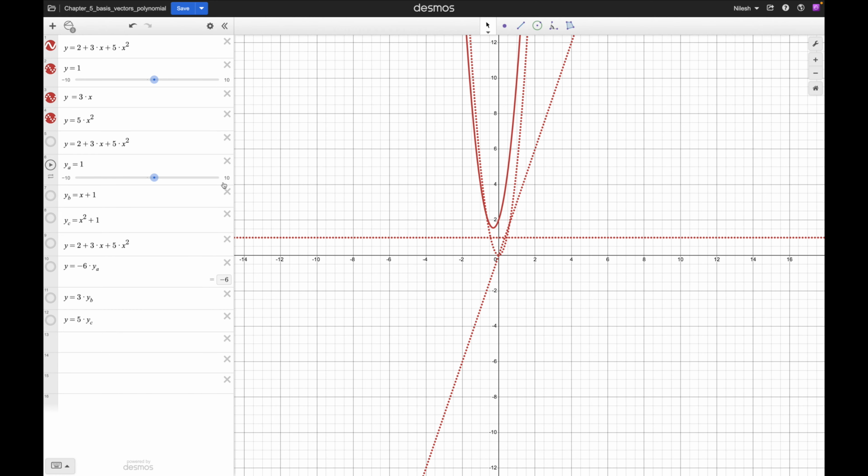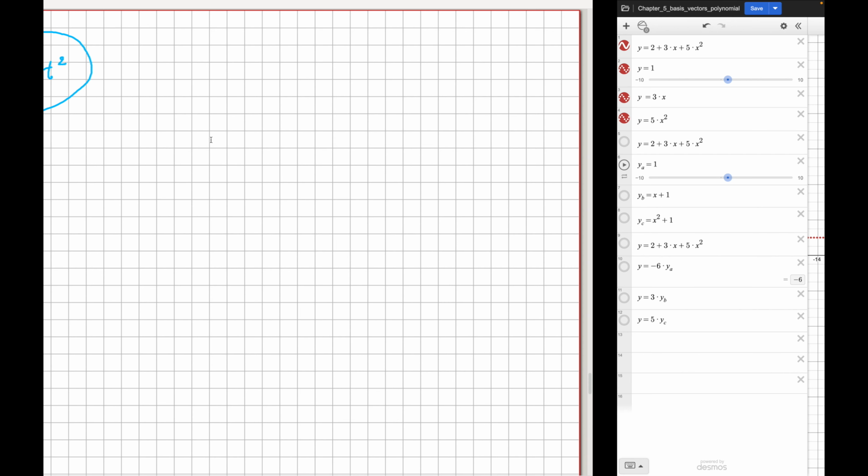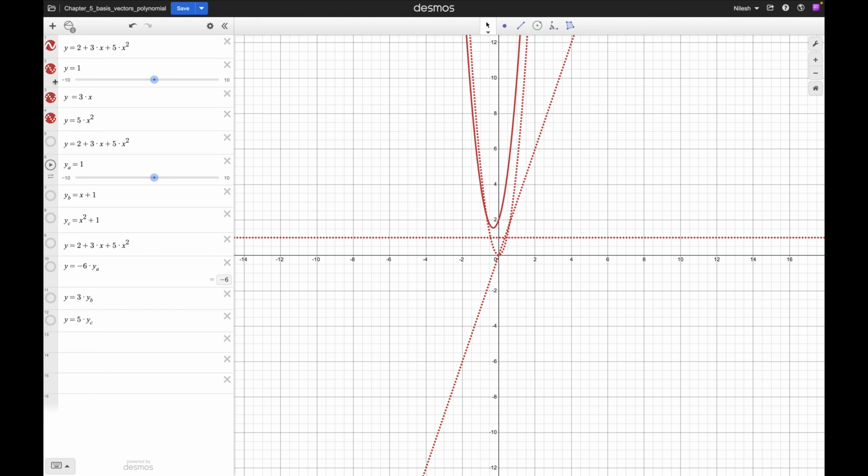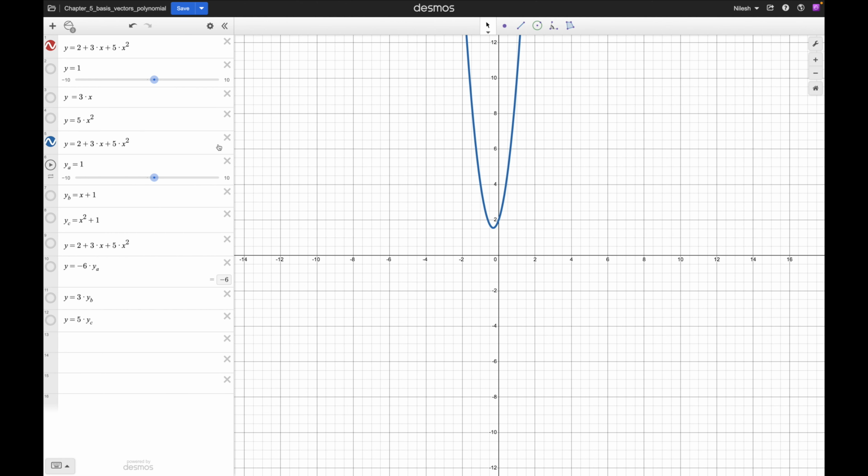If we use a different set of basis vectors, we still have the 1 as you see here, but this time we are going to use something else. So that's the blue, which is going to overlap because that's the same polynomial we're trying to create.